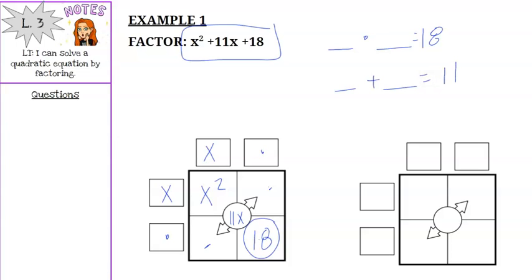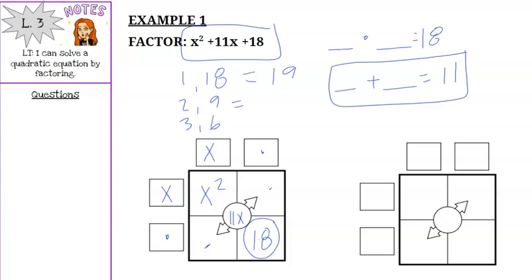So then we just start listing our factors of 18. Well, 18 could be 1 and 18, 2 and 9, 3 and 6. And we just check them to see which ones would add to make 11. Well, 1 plus 18 is 19, 2 plus 9 is 11, 3 plus 6 is 9. 2 and 9 seems like it's going to be the correct one.